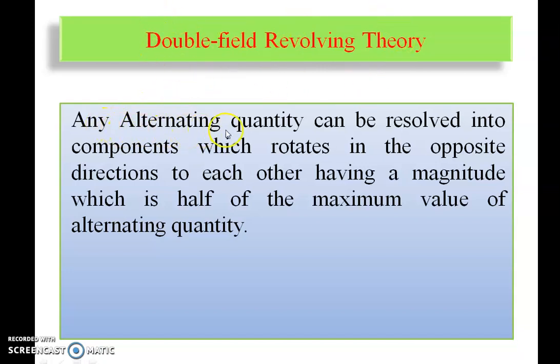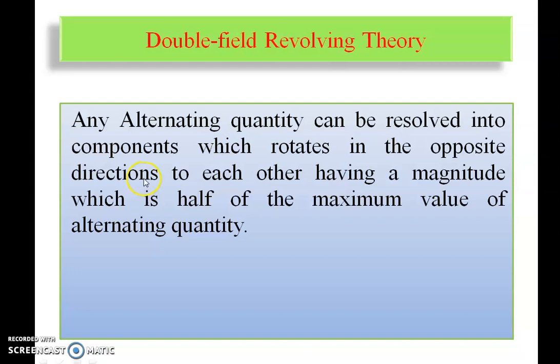Now, any alternating quantity can be resolved into components which rotate in opposite directions to each other, having a magnitude which is half of the maximum value of the alternating quantity. That means any alternating quantity, which may be either a current or a voltage, can be resolved, that is, divided into components which rotate in opposite directions to each other.